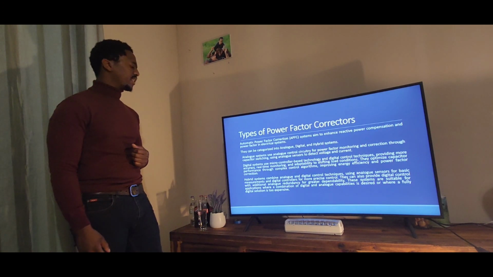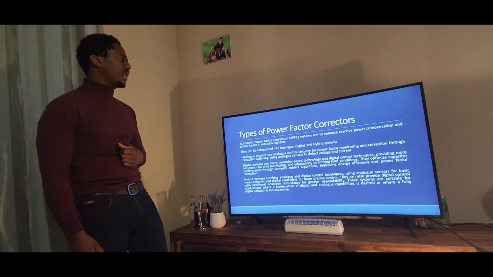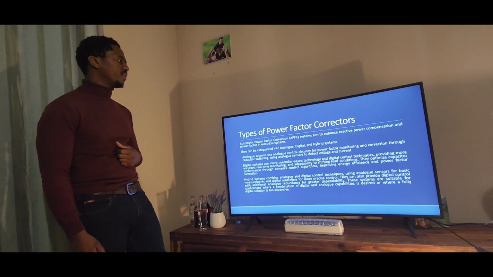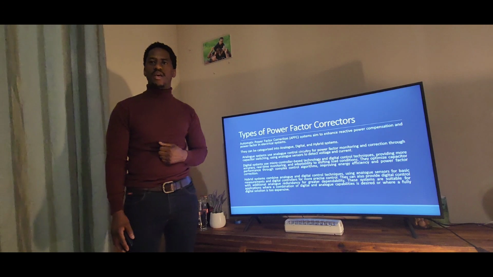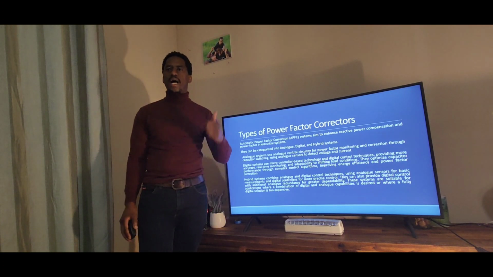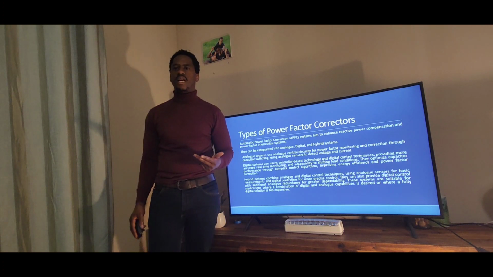Types of power factor correctors. Automatic power factor correction systems aim to enhance reactive power compensation and power factor in electrical systems. They can be categorized into analog, digital, and hybrid systems.